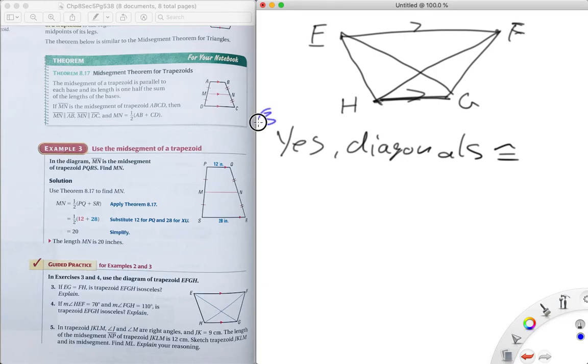For number 4, if this guy is 70 degrees and this guy is 110 degrees, since I know that these guys are supplementary, 180 minus 110 is 70. And these guys are supplementary, 180 minus 70 is 110. Therefore the base angles are congruent, so yes, it is an isosceles trapezoid.